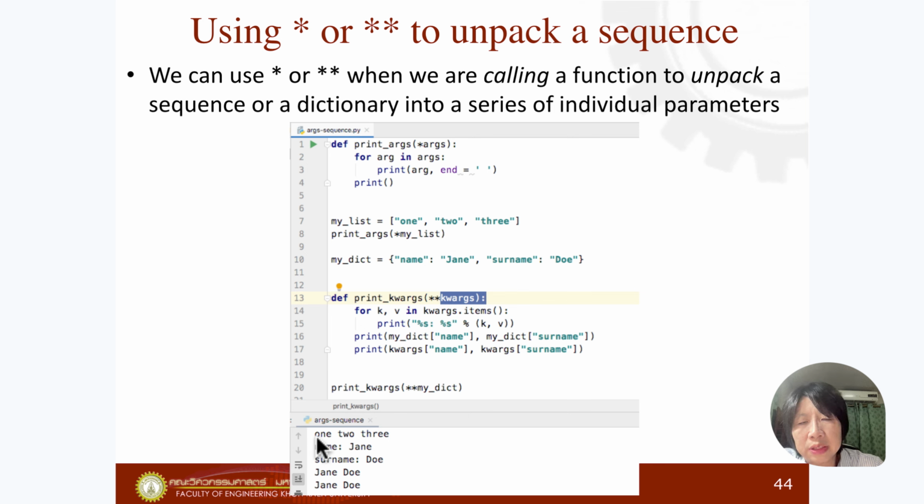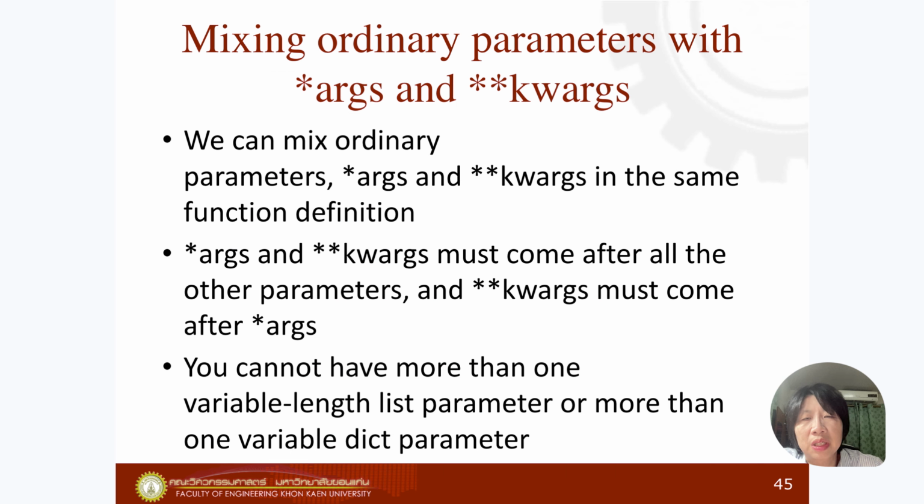So that's why we see 1, 2, 3 here. Okay, next, for print keyword arguments, we also have star star keyword arguments here. And here we define the dictionary with two pairs, right? The name matches with the value Jane, and surname matches with the value Doe. So when we print it out, we also see these two pairs of values.